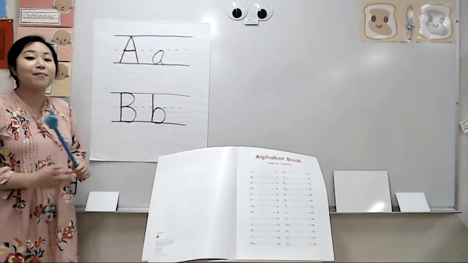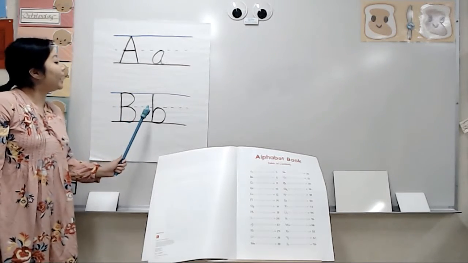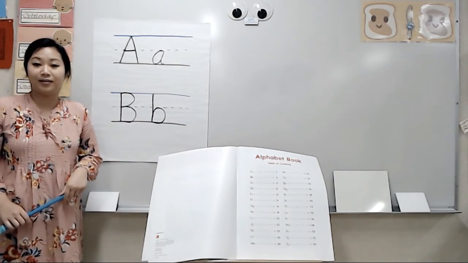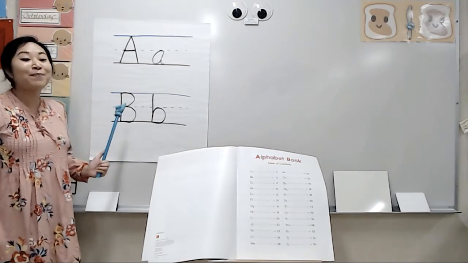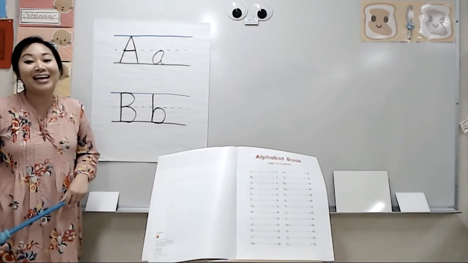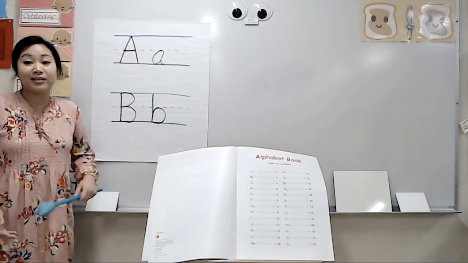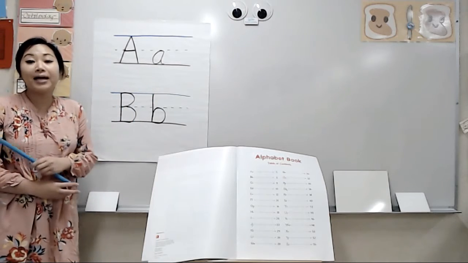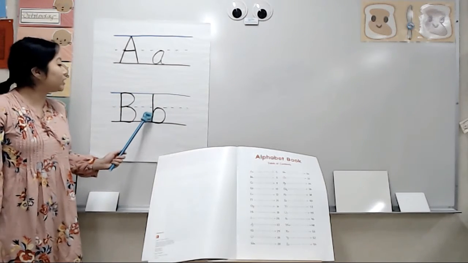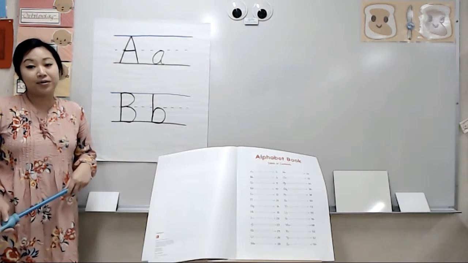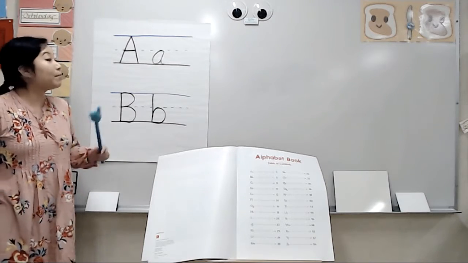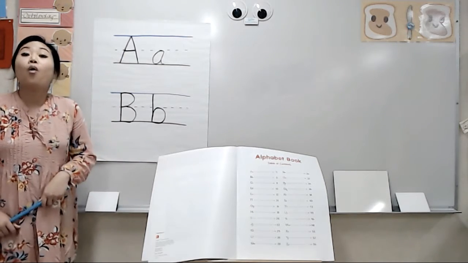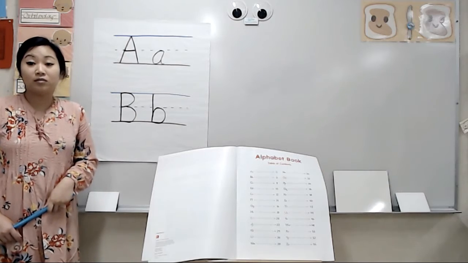What do you notice about uppercase B and lowercase b? You're right, the uppercase B is bigger too, and it has more lines than lowercase b. They both start in the sky, but lowercase b is mostly just in the grass and by the ground. Now, let's look at both letters. What do you notice?